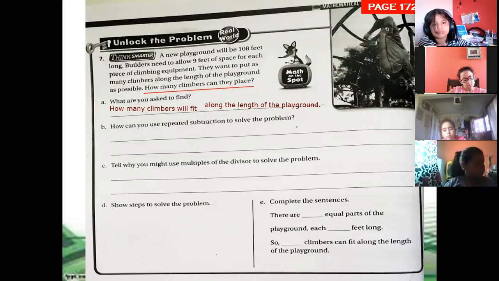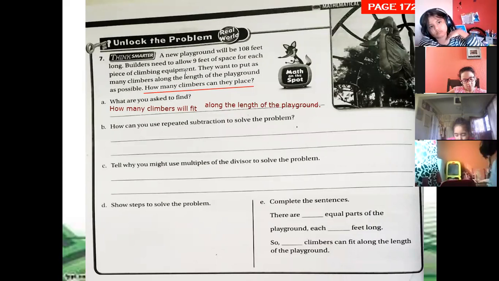No one knows how to use repeated subtraction? Can you repeat what you said? In letter B it says, how can you use repeated subtraction to solve that problem? And my question was, who can explain what repeated subtraction is, or how can I divide by using repeated subtraction?